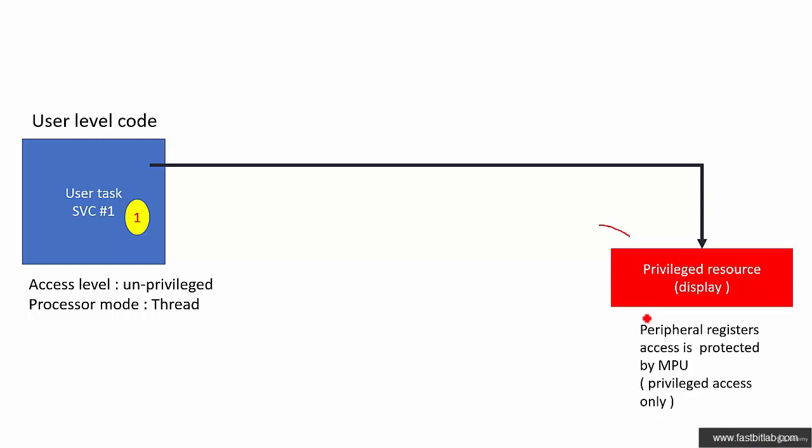In that case, if a user task tries to change any configuration or tries to write data into the display registers, then there will be a fault. In this case, a memory manage fault will be triggered, and after that, the kernel may kill that user task. Like that, you can bring security to your application, which increases the robustness of the application. That's one of the use cases of SVC instruction.